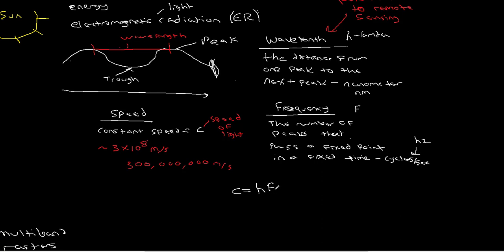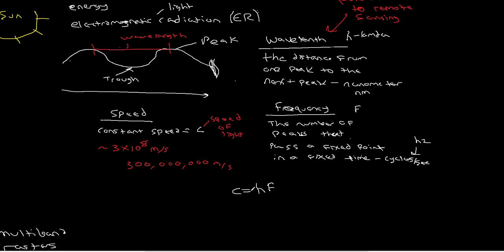As we just said, if we shorten the wavelength, or make the distance between the peaks smaller, that's going to increase the number of cycles in a given second. So what does that look like mathematically?